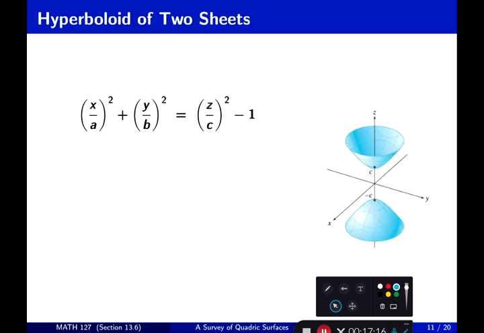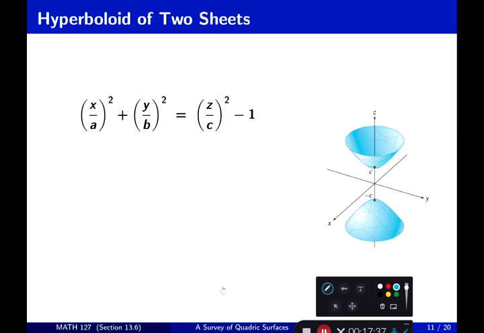Last, before we start the comparison, is hyperboloids of 2 sheets. So we did the hyperboloid of 1 sheet, and there was a plus in here instead of this negative sign. And now we're doing the hyperboloid of 2 sheets. So how does this one work?